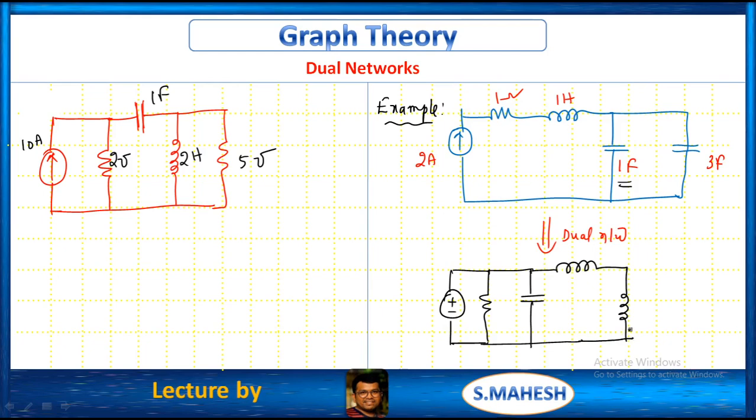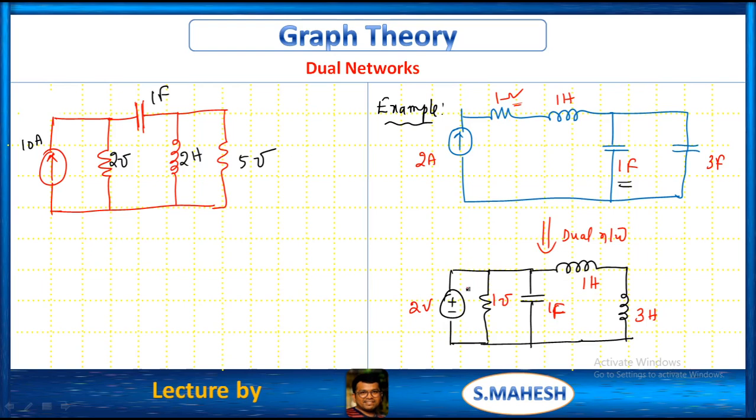That's it. This is the dual of that network. Then what are the values? This is 2 volts. Here we have 1 ohm. It is 1 mho. This is 1 farad. Sorry, this is 1 Henry. This is 3 Henry. That's it. Very simple, right? Very simple to get the dual of the given network.